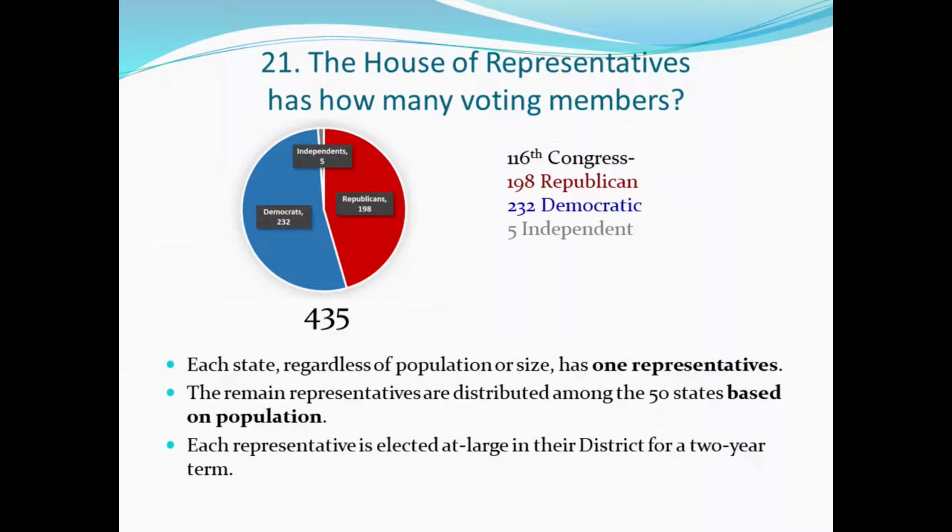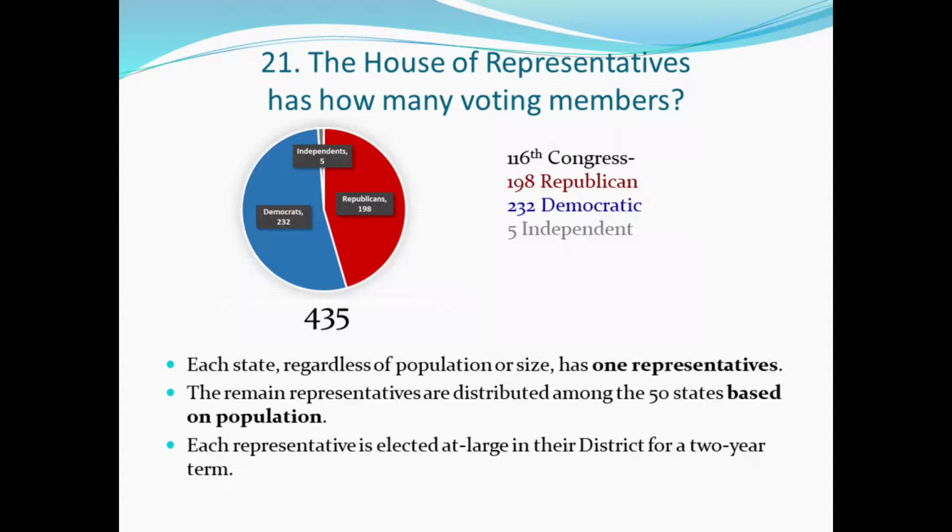Originally, the states would earn more representatives when their population increased. But at a certain point, when they hit 435, they decided that they had enough representatives. So today, instead of adding new representatives, they just increase or decrease the number based on the state's changing population.